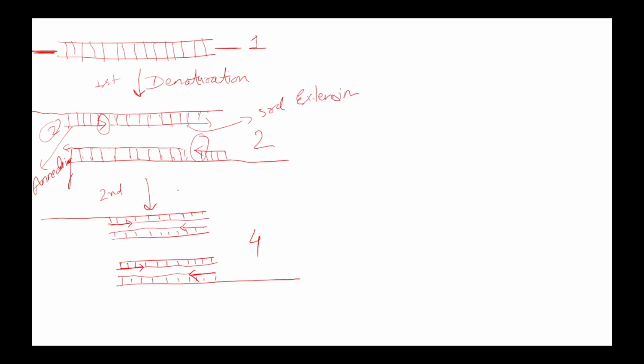After that again you will go back to denaturation, again the second step, and again the third step, extension. These three processes keep on happening one by one in one cycle. What is needed here to carry out these reactions is the temperature.